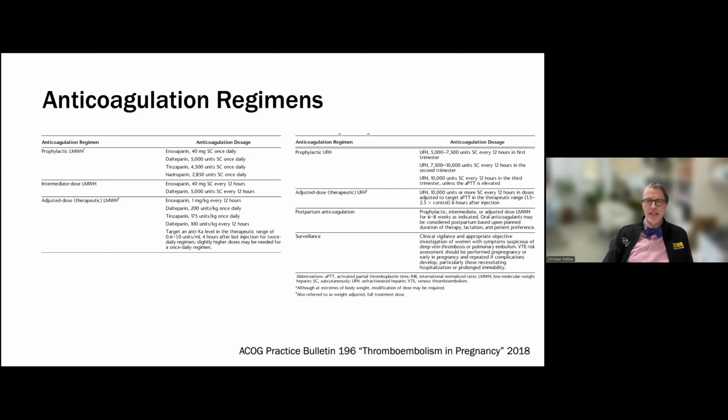And then these intermediate dose and adjusted doses are for patients with thromboembolic histories or with high-risk thrombophilias. And then we also have the recommendations around what to do if we are using unfractionated heparin, so standard heparin, and what those doses would look like, which is trimester dosing, different scales for the different trimesters.